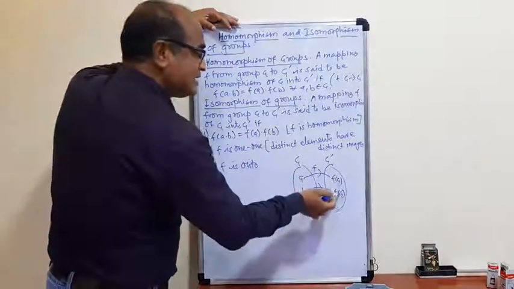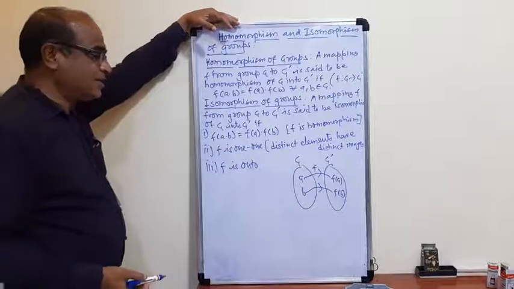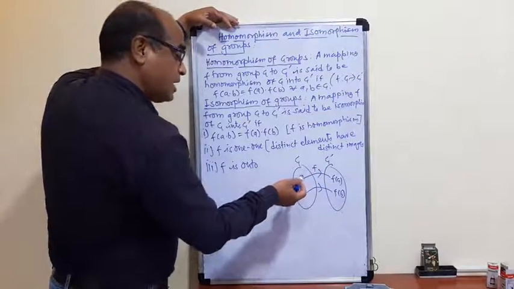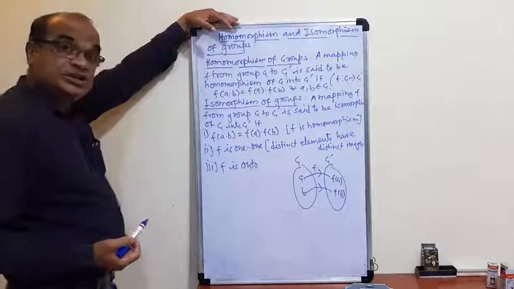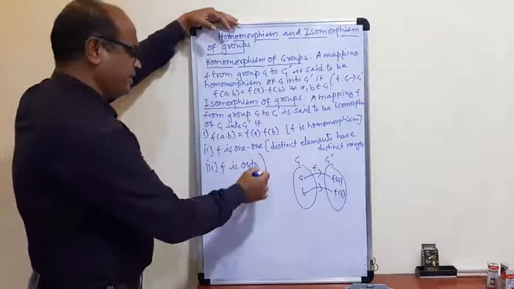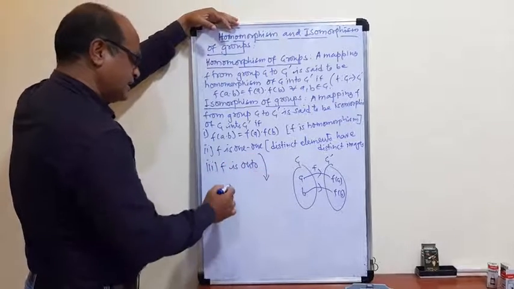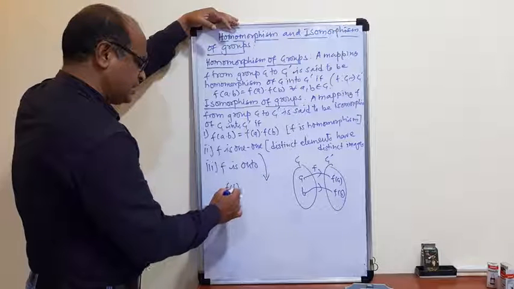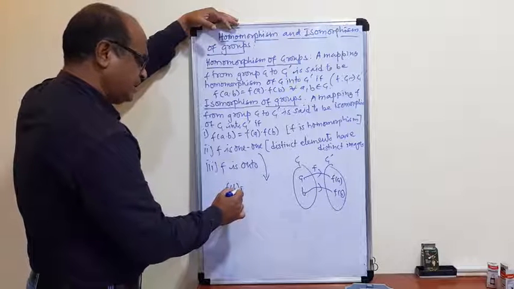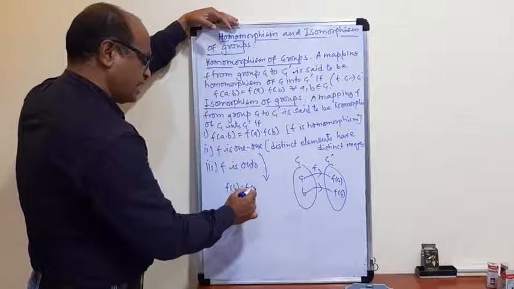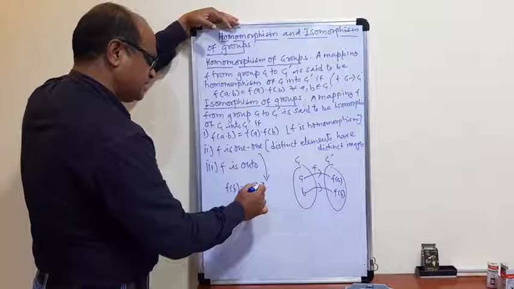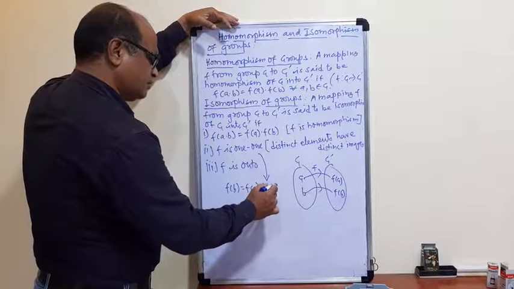These are elements in G dash, and these are elements in G. f is one-to-one means f(b) = f(a) implies that a = b.